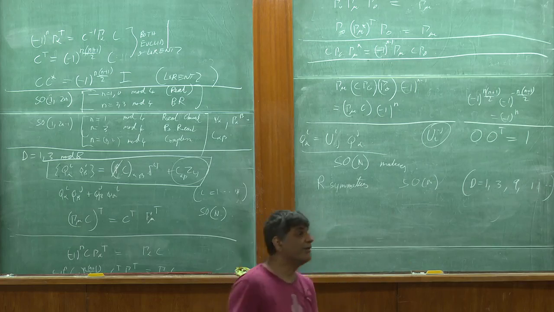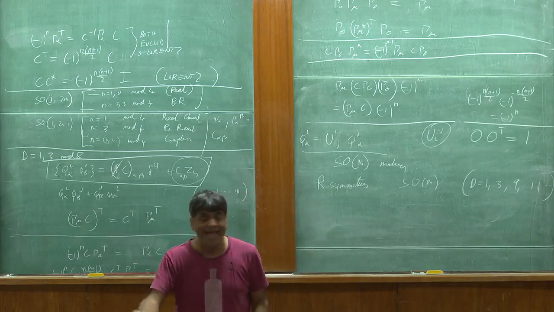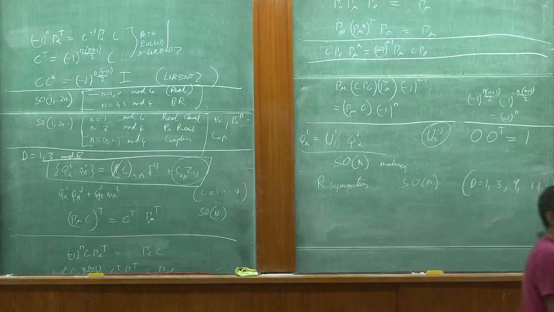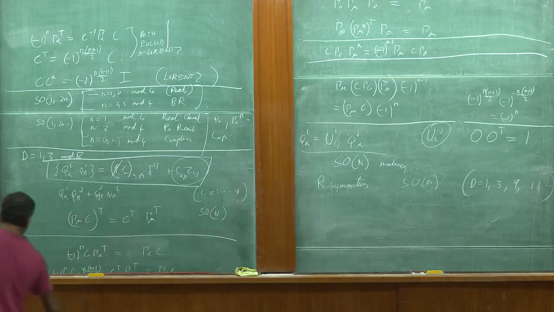Now the question of whether a physical theory actually has either an ON symmetry or an SON symmetry or no symmetry at all, that is another matter of the physical theory. This is just the most general other symmetry one could have that interacts in some non-trivial way with the supersymmetry algebras.